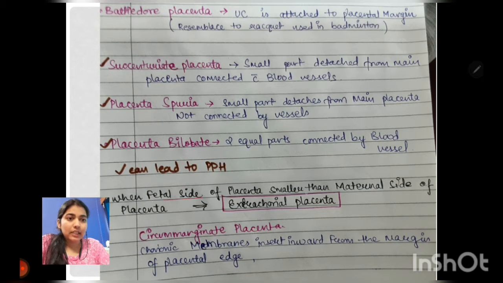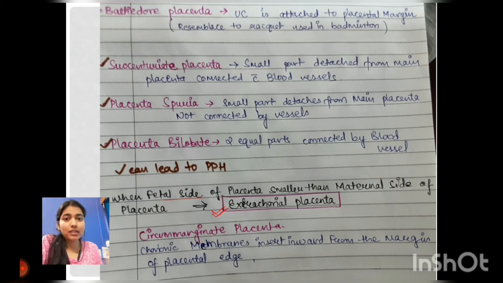When the fetal side of the placenta is smaller than the maternal side of the placenta, it is known as extrachorial placenta. So the fetal part is smaller than the maternal side. Normally the fetal surface is 4/5 of the placenta, and the maternal surface forms only 1/5. But when the fetal side is much smaller than the maternal side, this is known as extrachorial placenta.